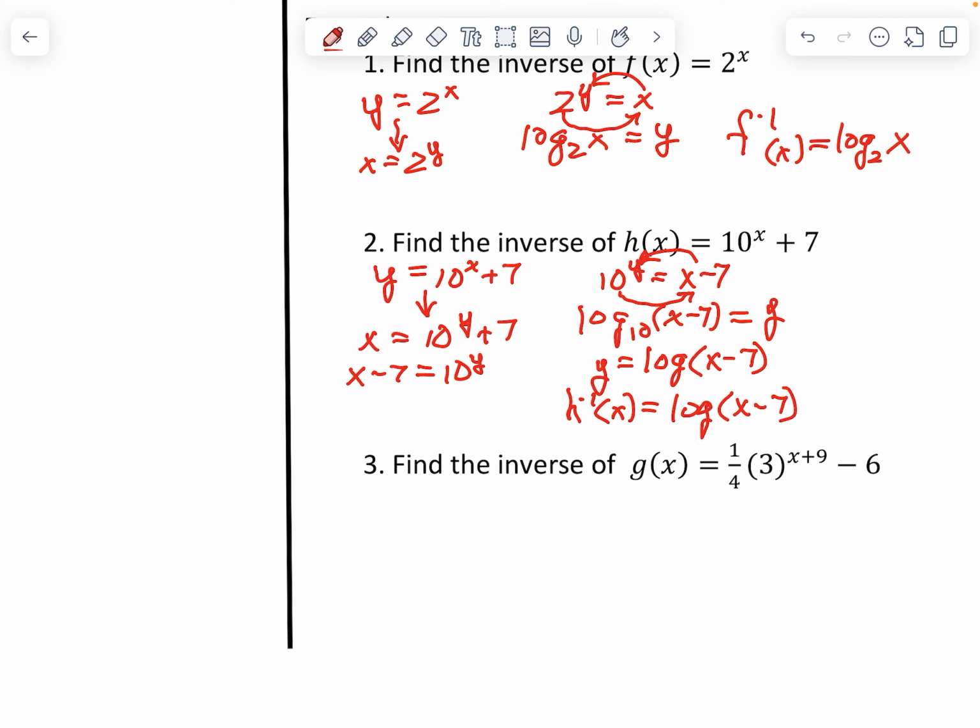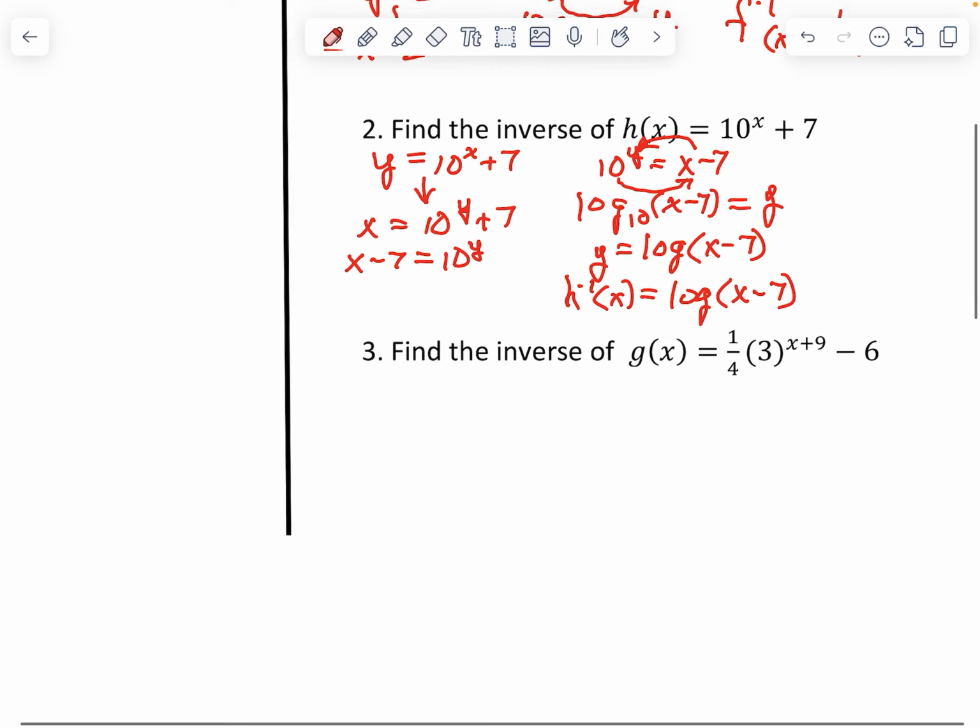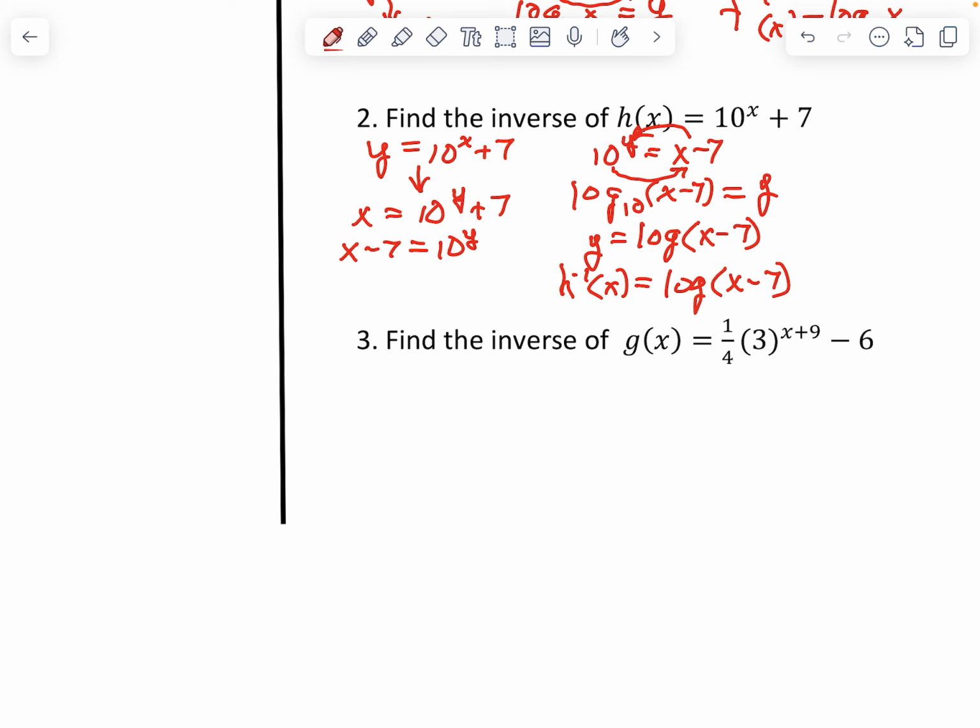The reason why we do this now is because for the next problem, we're going to have several more steps to this. And so if we do each step piece by piece, it should lead us to our final answer. So on this one, we'll go ahead and start off with writing it as y equals.